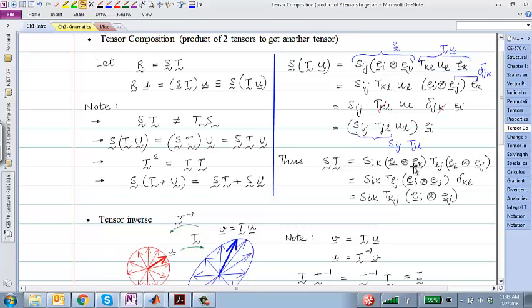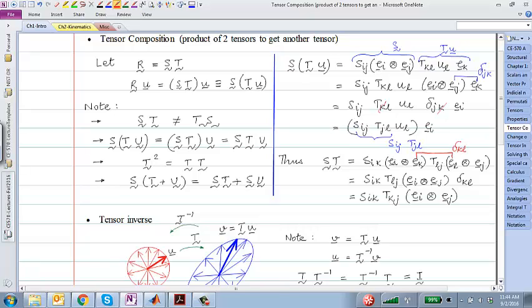And a good shorthand way of writing that is right here. So we know that when a tensor acts on a vector, here actually a tensor is composing with another tensor, but the same type of operation works in this case as well. We will take the second basis vector here and the first basis vector here and do a dot product between them to get ek dot el, which is delta kl.